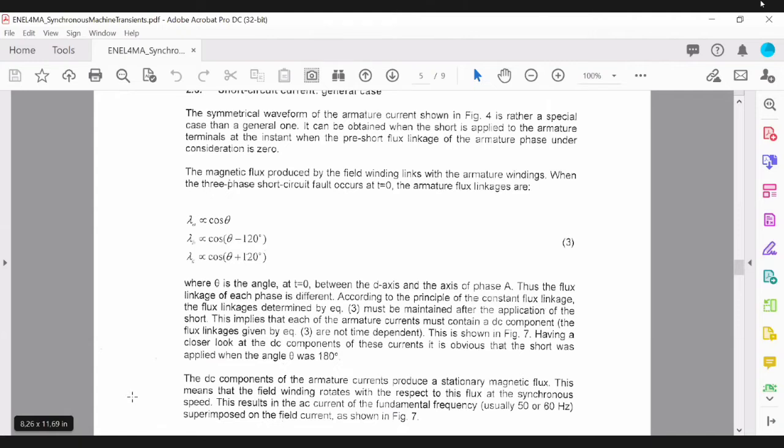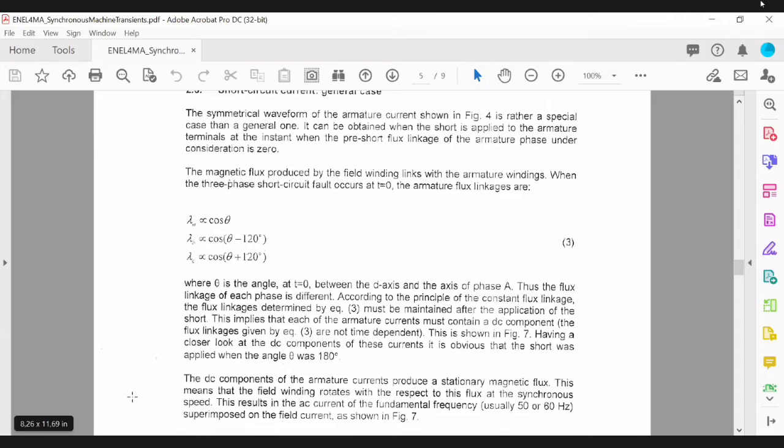So at a different time period, if you apply a short circuit fault, then the response of the armature current on each phase will be different from what we've shown in figure 4, right? Because the initial value of the current will be different. It will not be 0 at that time when the short circuit is applied.